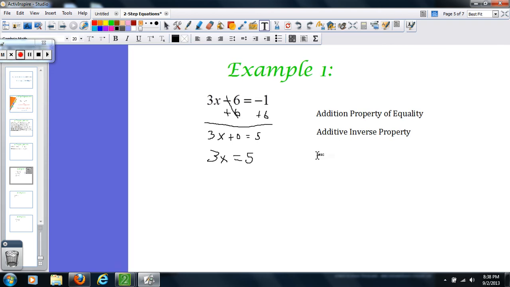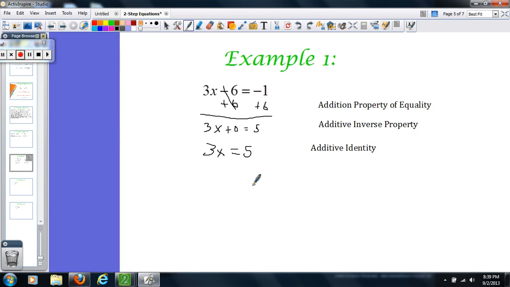And for this one, you have your additive identity. Now from here, we have to get rid of the multiplying by 3, so I have to divide by 3.